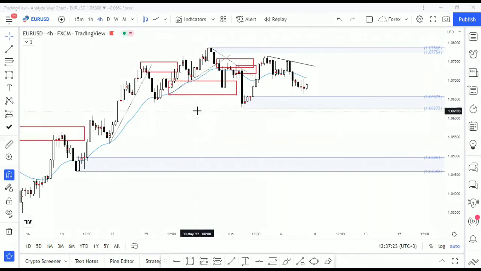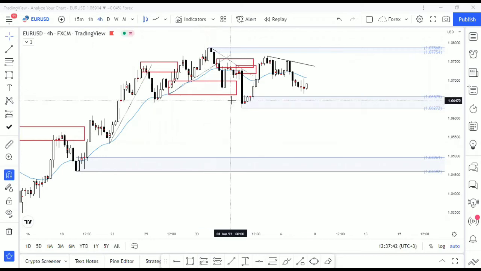Why am I looking for sales? Because the dollar index or US dollar is very strong. The price action of the dollar seems like the dollar is still bullish.